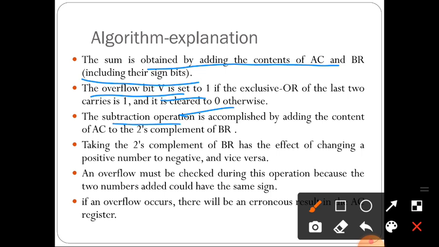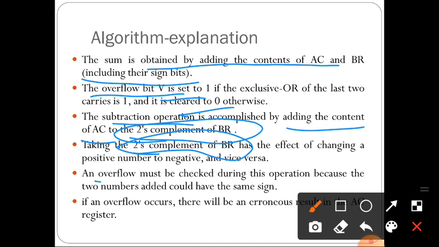Then during the subtract operation, we add the content of AC to the 2's complement of BR. And why do we take the 2's complement of BR? Taking the 2's complement of BR has the same effect as changing a positive number to negative and a negative number to positive.